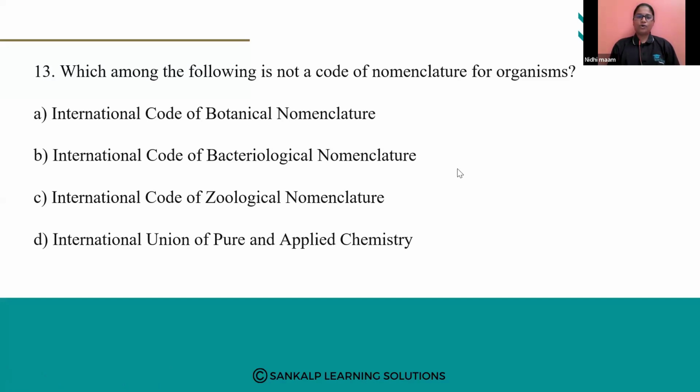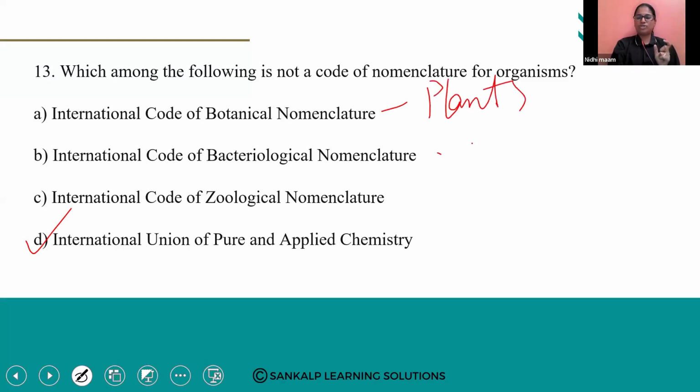Almost all of you voted for option D, International Union of Pure and Applied Chemistry, which is not at all related to nomenclature. Very easy options and very quick responses. PM, Rumana, Kausar also answered. Botanical nomenclature gives names for plants.